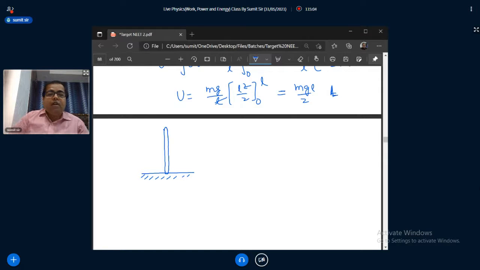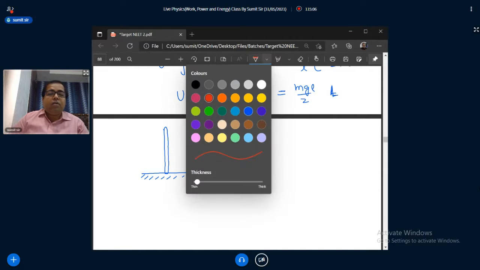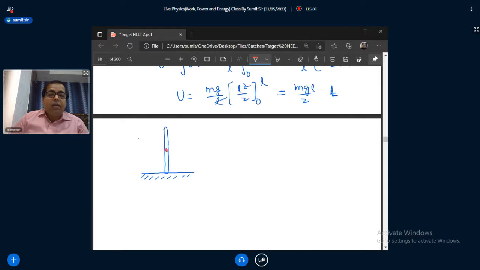So for this rod, the center of mass is at L by 2 height from the ground, and at the center of mass we assume all the mass is concentrated. So just take mass m as a point mass at its center of mass, and directly you can write, it is at height L by 2. This is mg, height is L by 2. This is the answer.